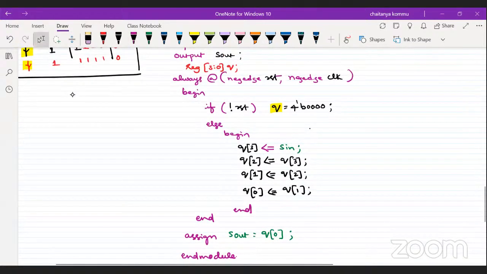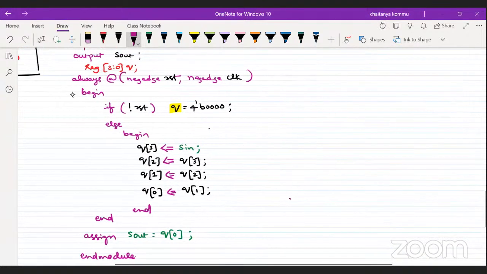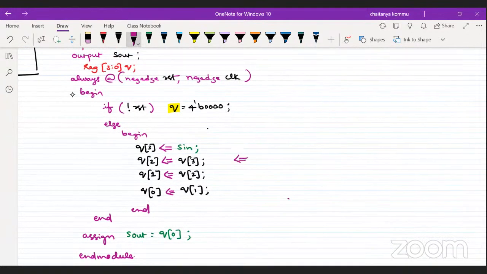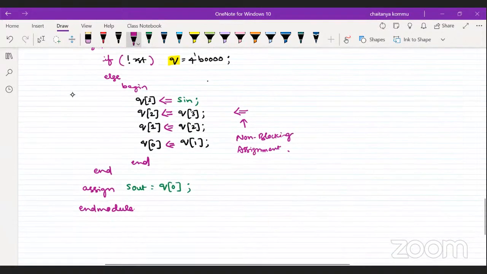So here the assignments are as follows. These assignments are called non-blocking assignments. We will see later on what exactly this is.